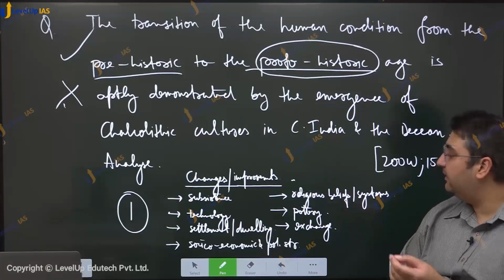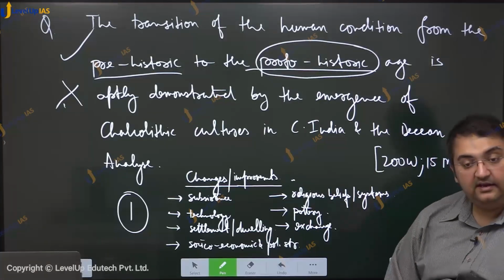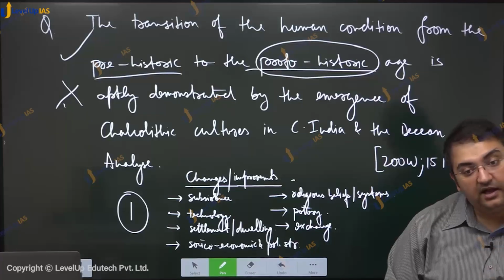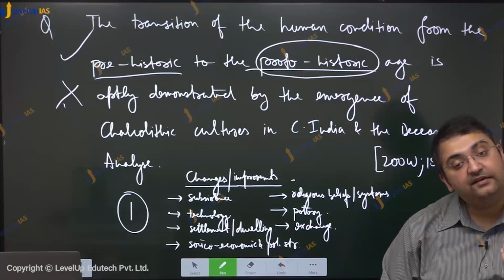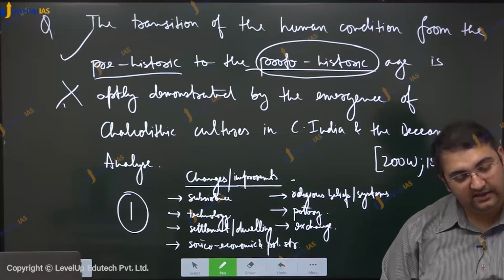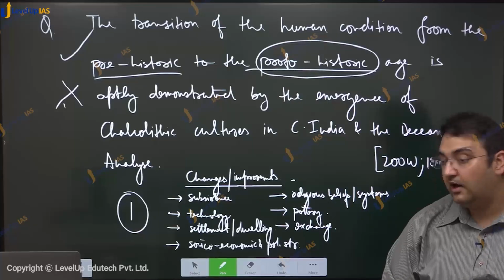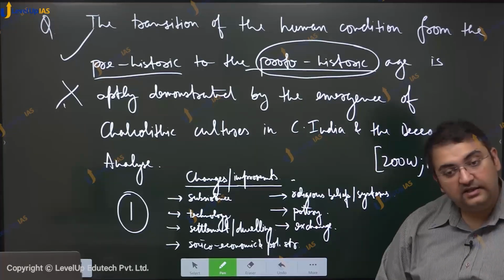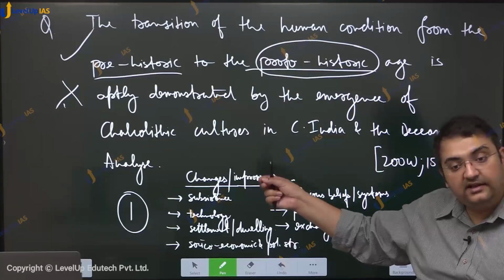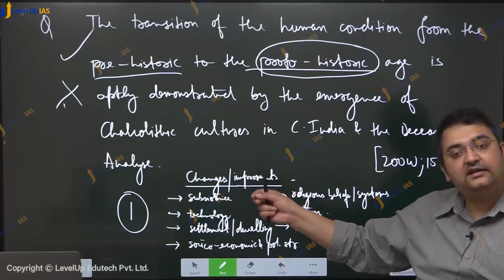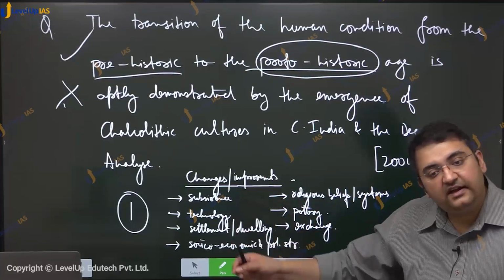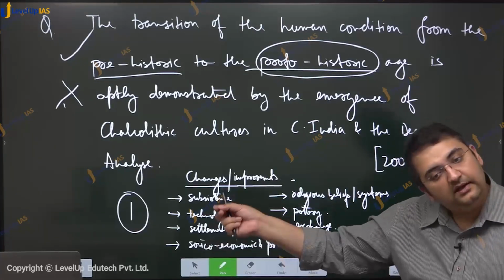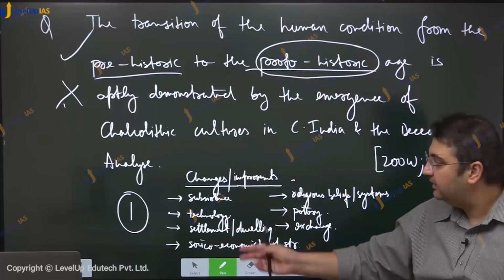In Central India and the Deccan, Chalcolithic cultures emerged between the 3rd and 1st millenniums BCE. However, and as such, these Chalcolithic cultures displayed significant improvements over the Neolithic age.